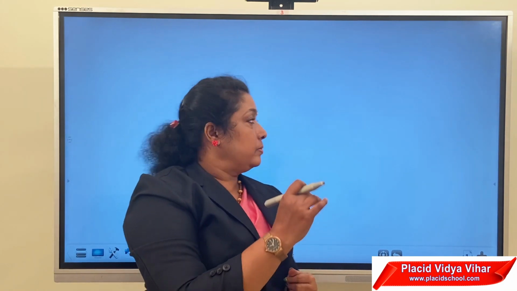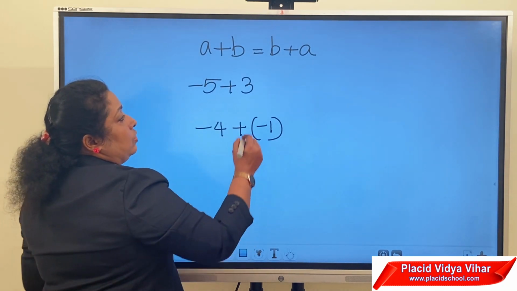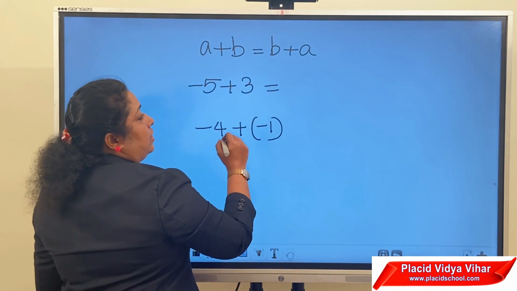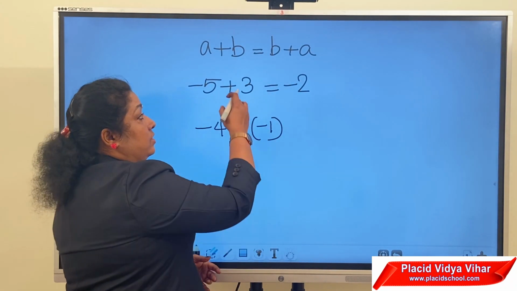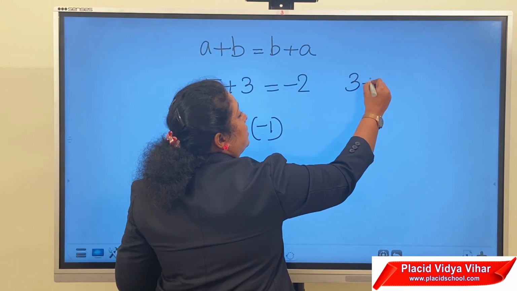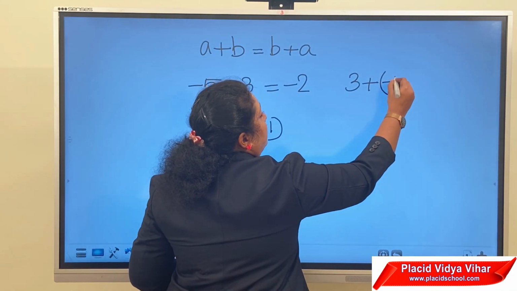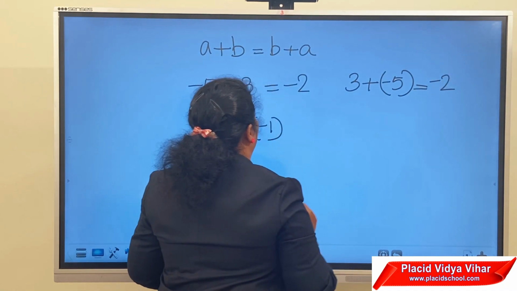Now let us move to the commutative property. So first let us check if a and b are two integers, then a plus b is equal to b plus a using some examples. Look at these two examples. Minus 5 plus 3. What is the answer of negative 5 plus 3? It is negative 2. Now let us take the reverse order, that is 3 plus minus 5. Look here, 3 plus minus 5. The answer is negative 2.